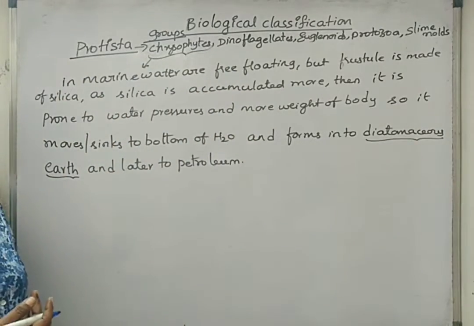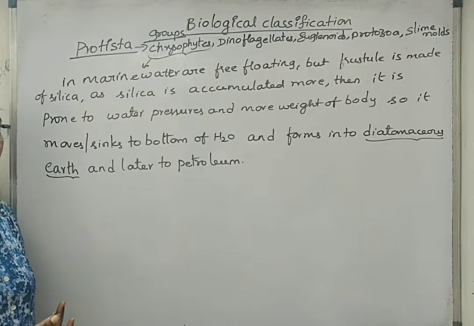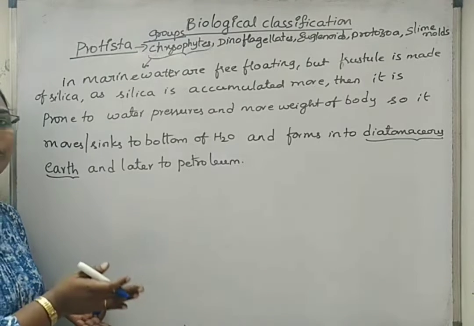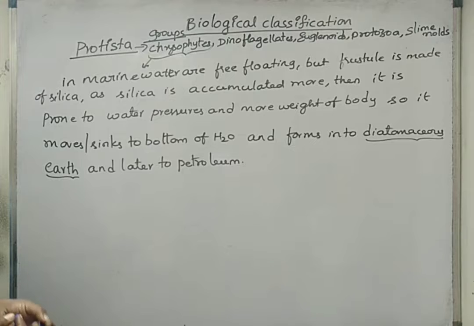When more and more diatoms, after their death, have their frustules come to the seashore, we also use the term diatomaceous earth. This diatomaceous earth is also called kieselguhr.